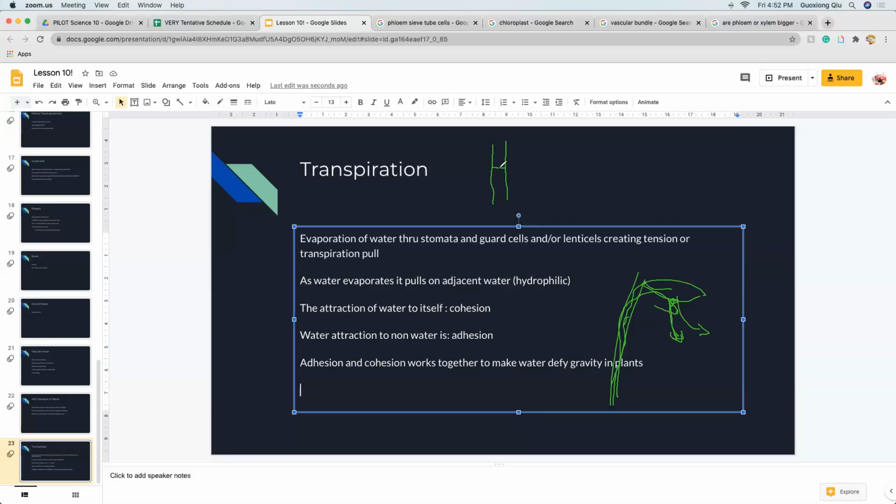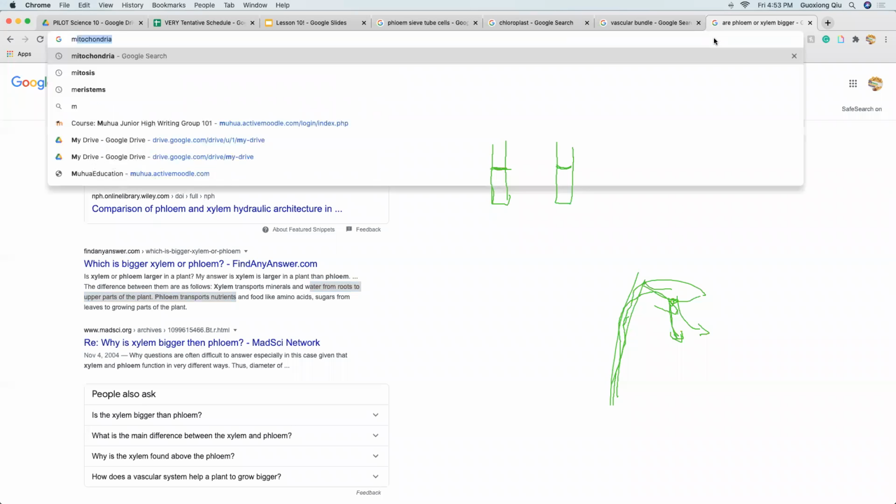Let's say this is the water level, and here's your bottle, and I filled it with water. It doesn't look like this. What it actually looks like is like this. This curve is referred to as a meniscus. Let me see if I can find you an image of a meniscus.